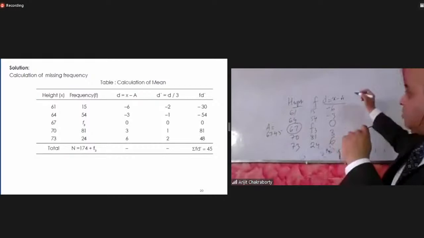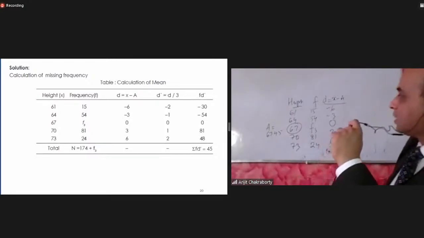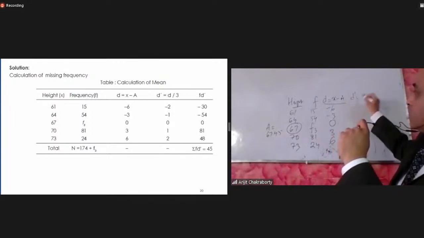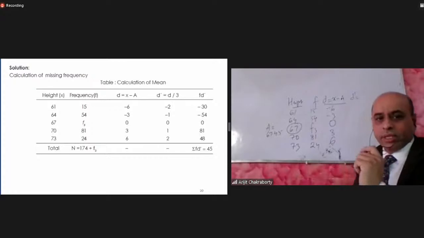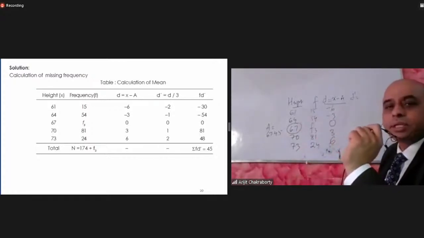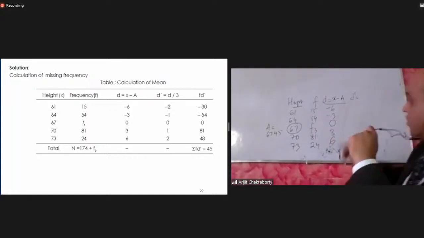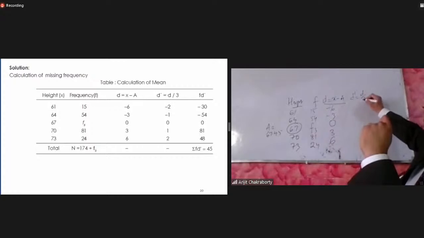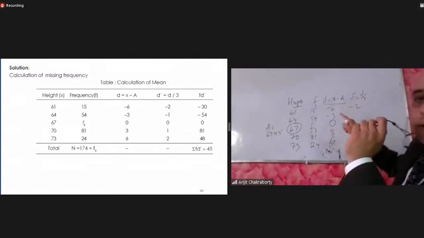Now I will find d dash, solving this using step deviation. We can see that the class width here is 3. Therefore the step deviation can be d divided by 3.